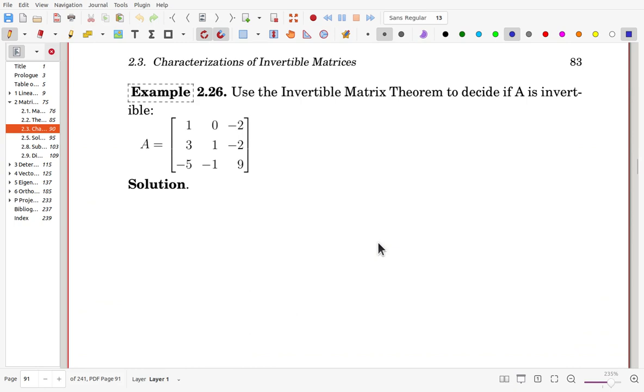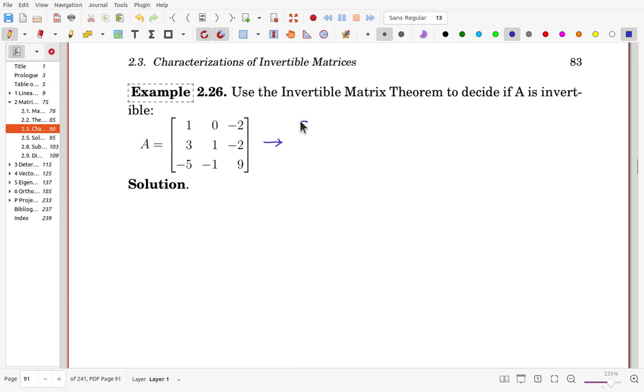Use the invertible matrix theorem to decide if A is invertible. If one of the statements is satisfied, then it is invertible. Let's look at the pivots by applying elementary row operations. Once it has 3 pivots, then it is invertible.